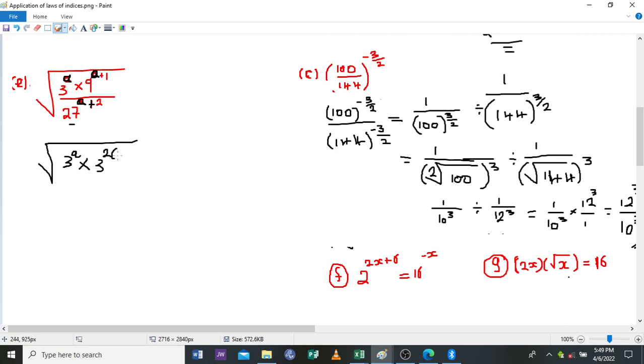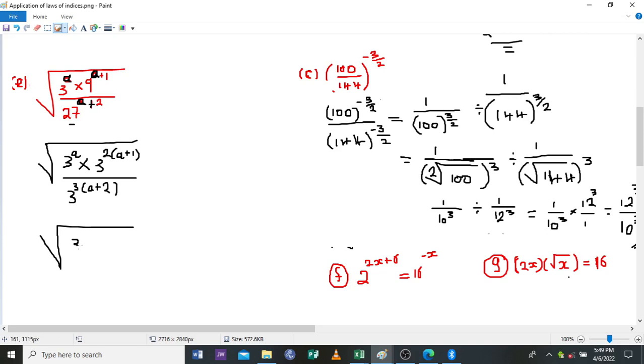Okay, let me just write this step by step. I wanted to multiply directly, but I'm not going to do that. Then 27 can be written as 3 to the power 3, then a plus 2, right? Hope you are following even here. And now we have this square root.